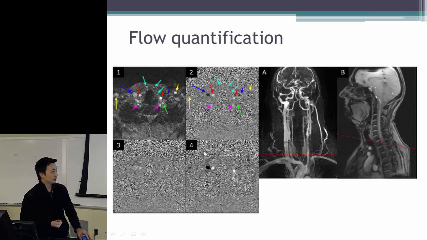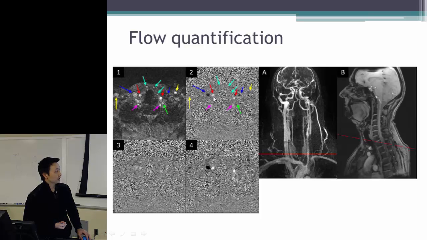And when we do this phase contrast imaging with the cardiac gating, we can collect the blood flow at different time points of the cardiac cycle. Here is the magnitude image of those major vessels, and here is the phase image of those vessels at different time points of the cardiac cycle.